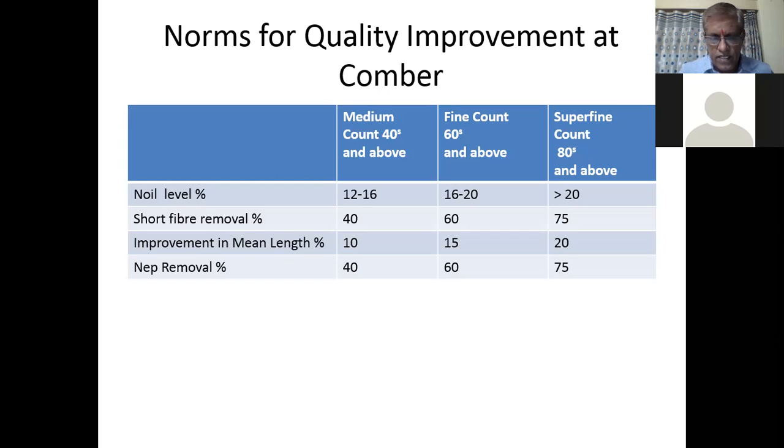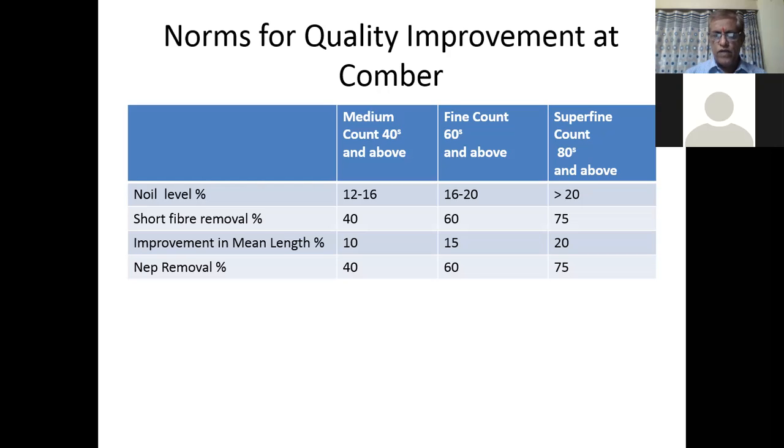Nep removal percentage means the neps which we can remove economically while achieving good quality is 40%, 60% or 75%. If we are removing the neps 75%, then it is very good and the comber is performing well.